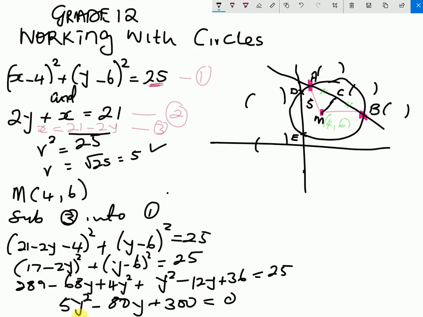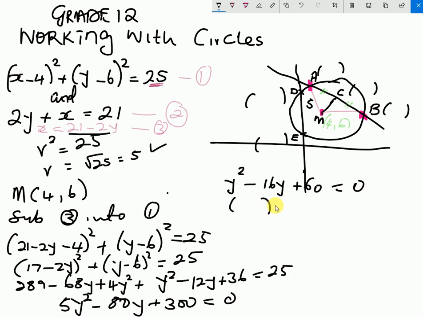People, let's divide by 5 throughout. If you divide by 5, it will give you y squared minus 16y plus 16 equals 0.